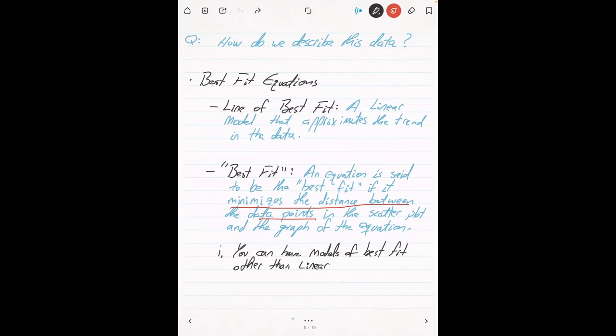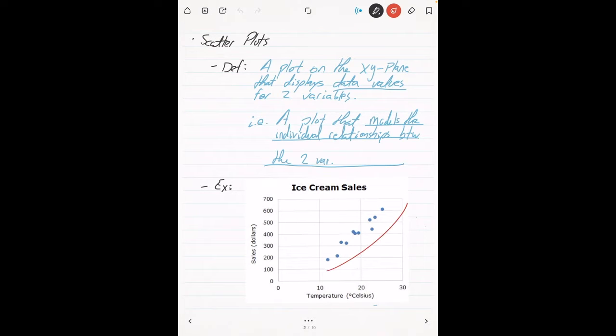Let's jump back to the other page. To me, these points look like they're following a certain trend. As temperature is increasing outside, the sales of ice cream increases as well. So if I'm trying to describe the relationship I'm seeing here with an equation, these points seem to follow a line.